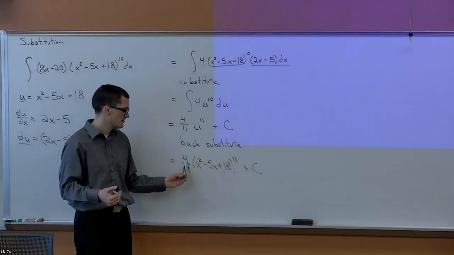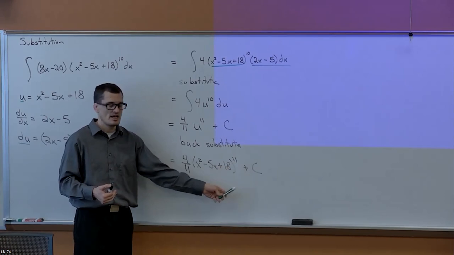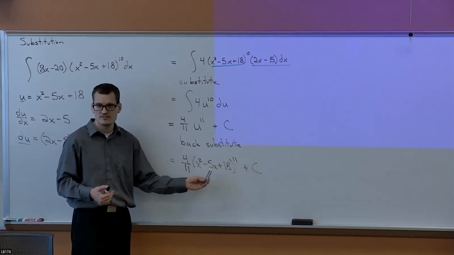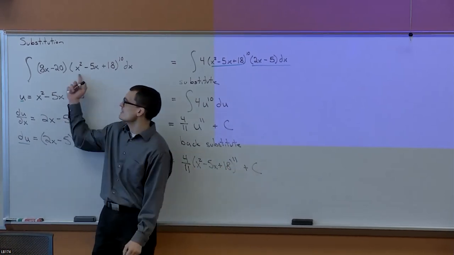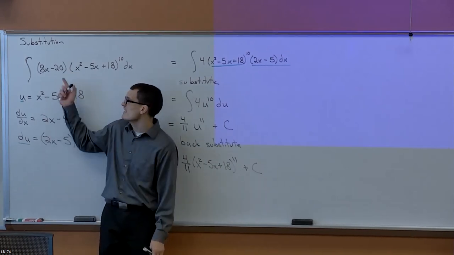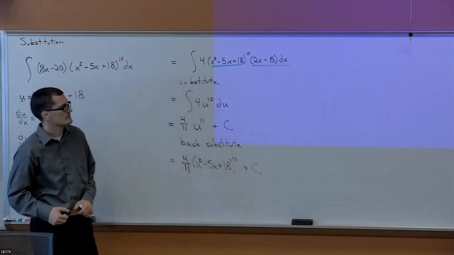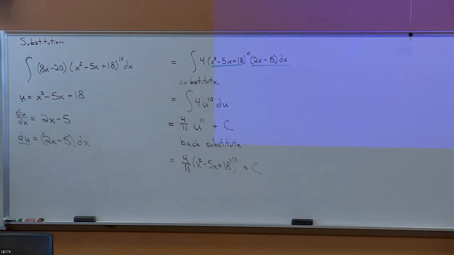So the 11 would come up front, you keep this the same, that changes to a 10, and then you multiply by the derivative of the inside function, and then you'd end up with that function inside the integral. So if you wanted to check, you could check by doing a derivative, and by doing that derivative, you'd have to apply the chain rule.